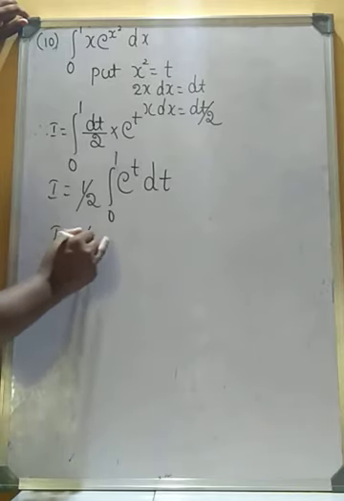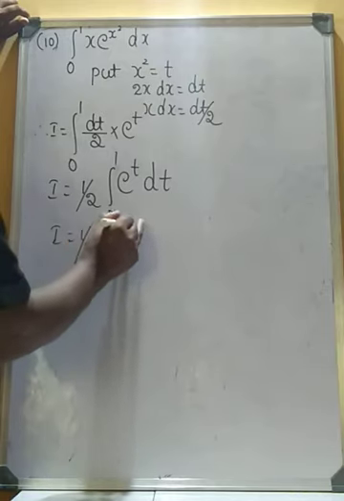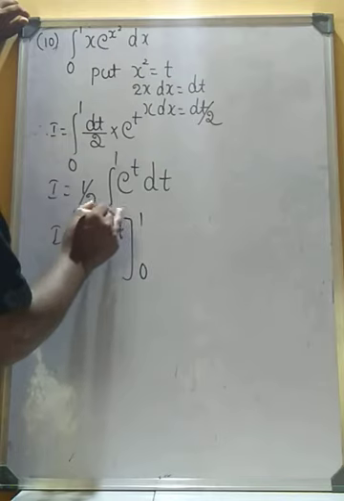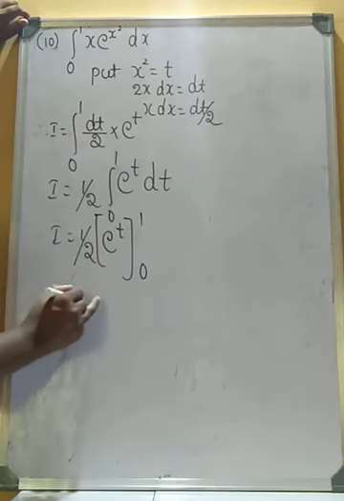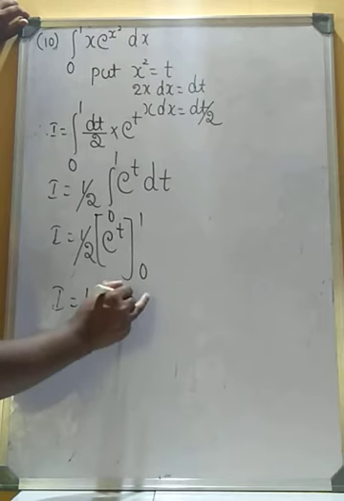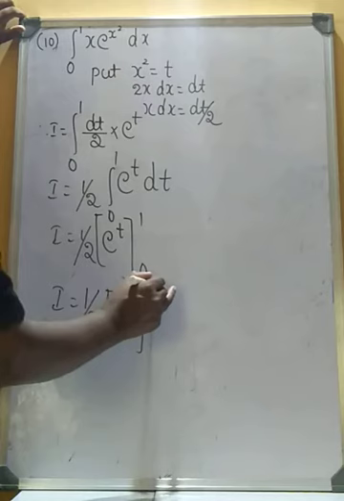Therefore, I equals 1 by 2. Integral of e power t is e power t. What is t? t is x square, that is e power x square.